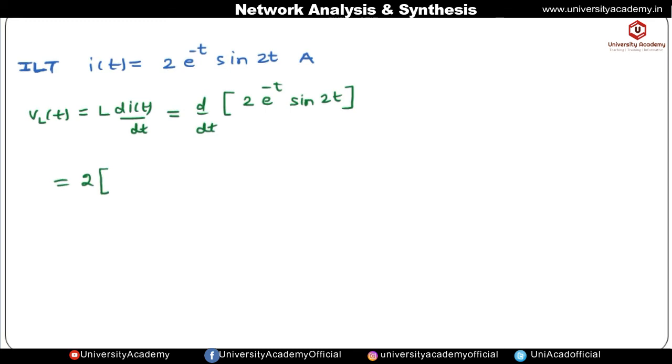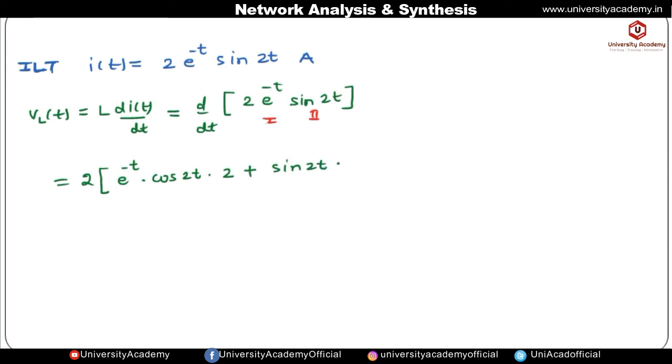Let us take e to the power minus t as the first function and sine of 2t as the second function. The differentiation is given by first function as it is, times differentiation of second function. The differentiation of sine of 2t is cos of 2t, and the differentiation of 2t is 2. Then second function as it is, times differentiation of first function.